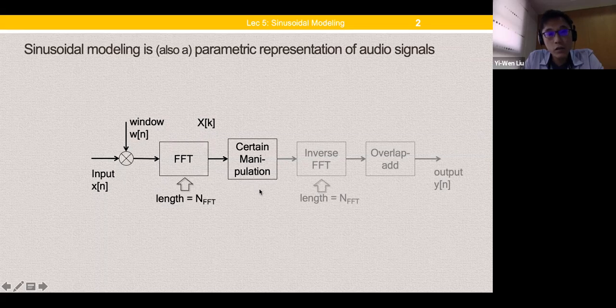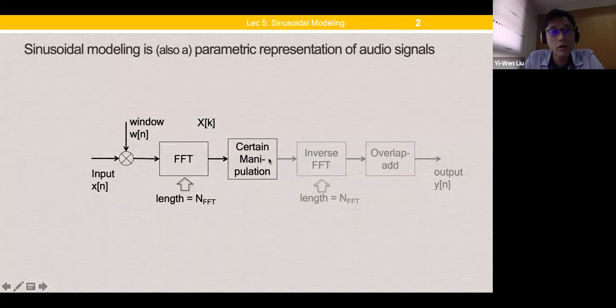And then we just vaguely say that in the frequency domain, you can do whatever manipulation you feel is the right thing to do. In the past, we have tried linear prediction. In the previous mini homework, I asked you to simply do filtering by multiplication in the frequency domain.